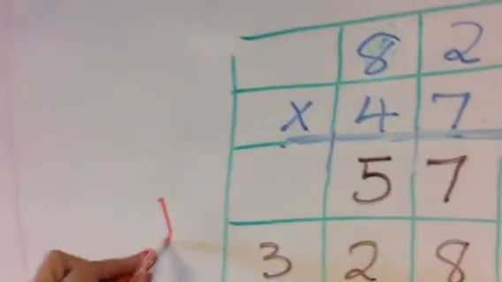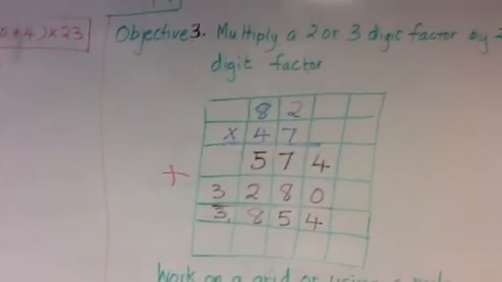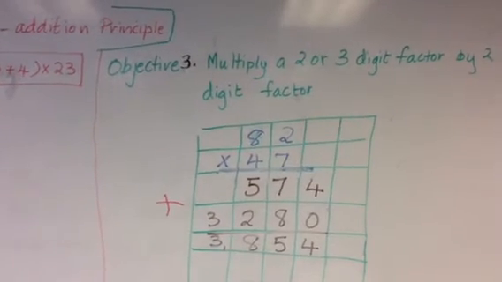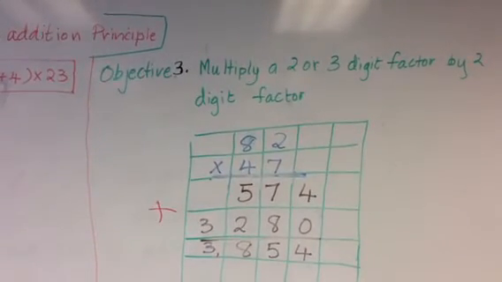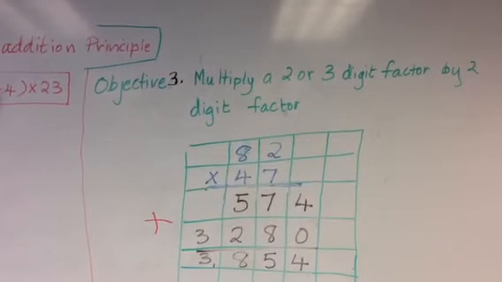The teacher is holding the camera and talking to you. Now when we add: 4 plus 0 is 4. 7 plus 8 is 15, and you carry the 1. 5 plus 1 is 6, 7, 8, and 3.